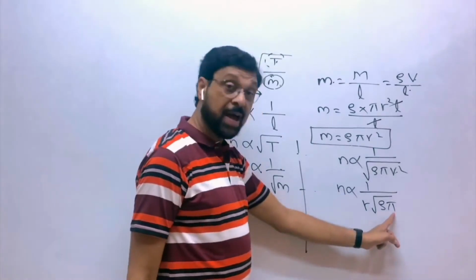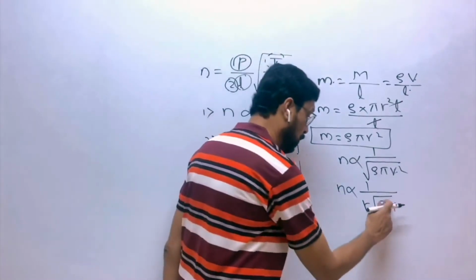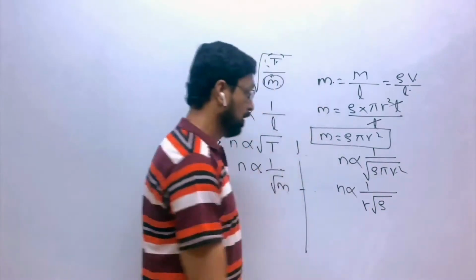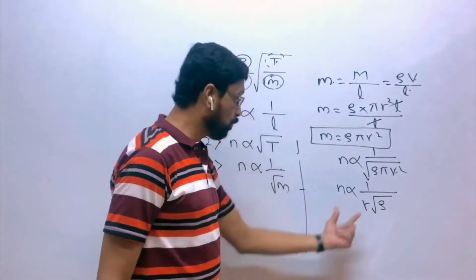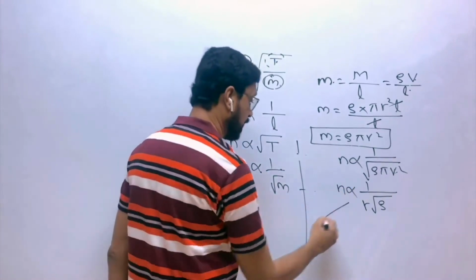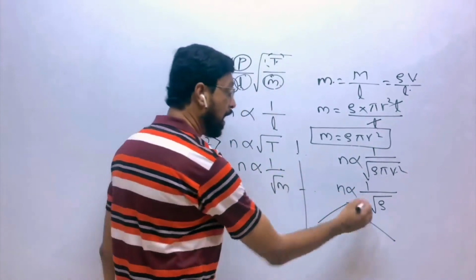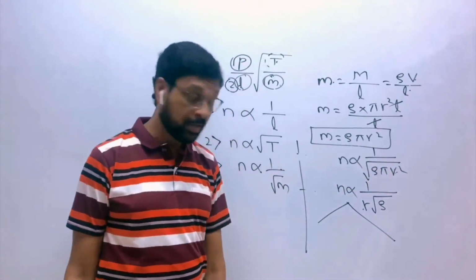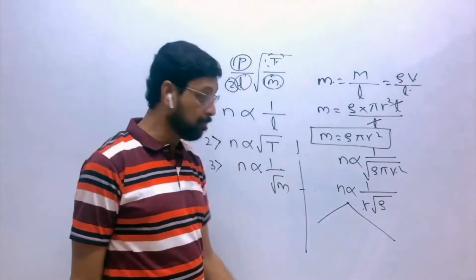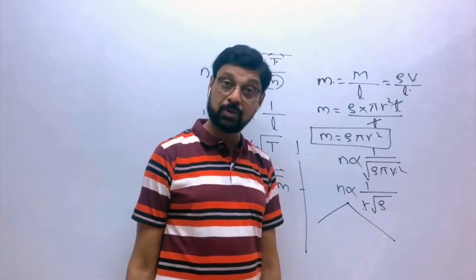Now in this pi is a constant, so you can remove it. So n proportional to 1 upon r root rho. So from this you can give two statements. If r is constant, n is inversely proportional to root rho. If rho is constant, n is inversely proportional to r.